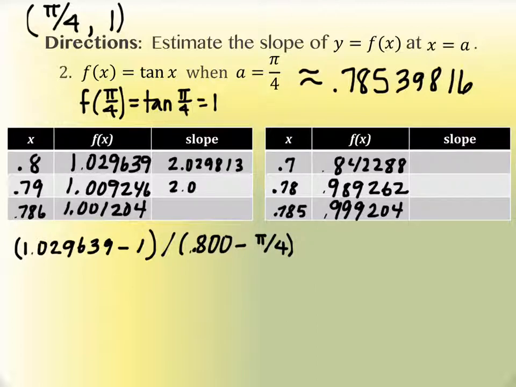This is 2.009198. Again, round the last digit or don't, it really doesn't matter. And the last one in this column is 1.001204 minus 1, divided by 0.786 minus pi over 4. And now I have 2.000543.